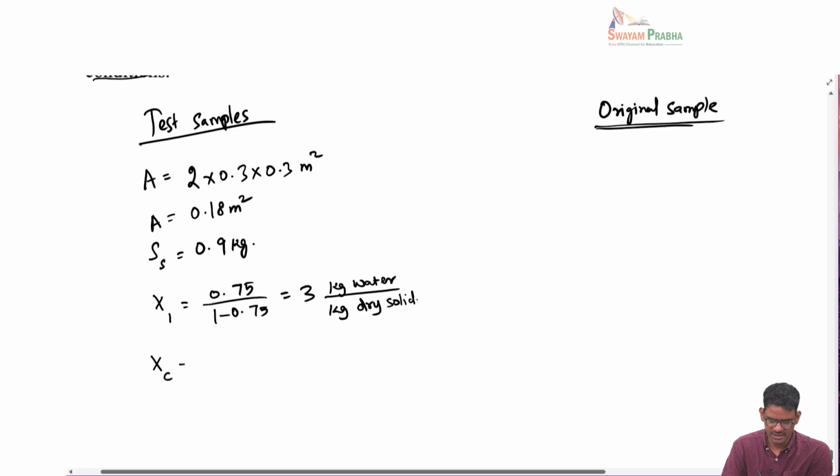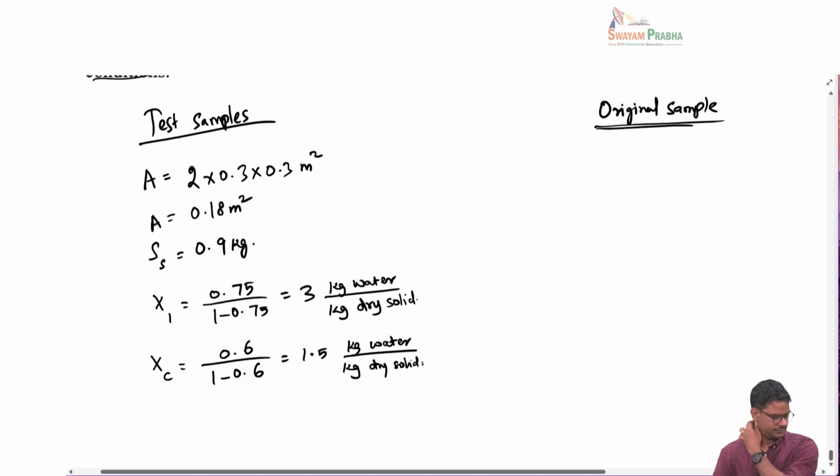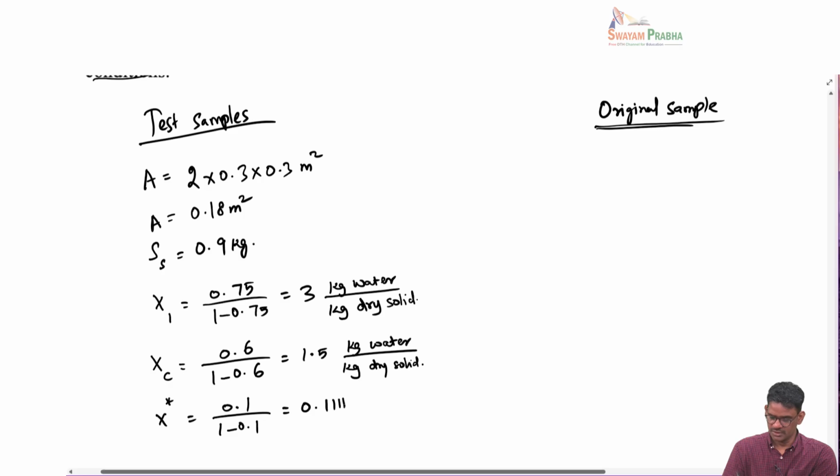Then the critical moisture content is also converted, which is something like 1.5 kg water over kg dry solid. The third data is the equilibrium moisture content, which is 10% on a wet basis, so on a dry weight basis this is 0.11.